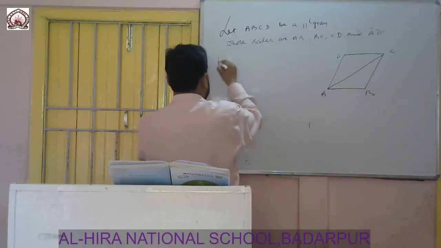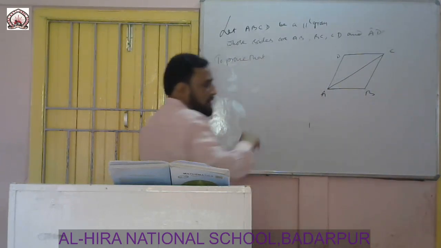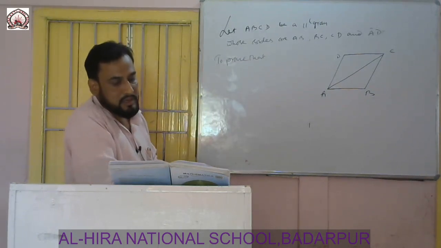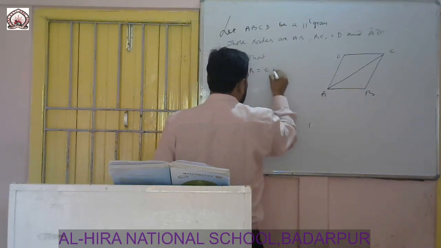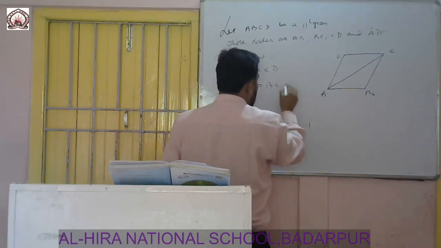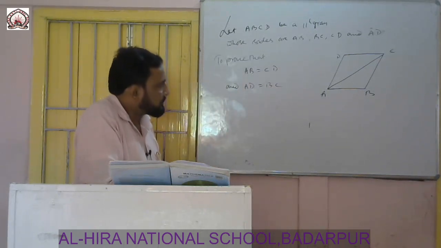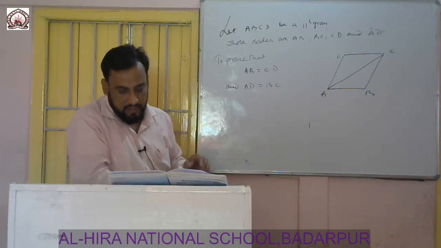We have to prove that. What is to prove? Opposite sides are equal. So AB is equal to CD and AD is equal to BC.